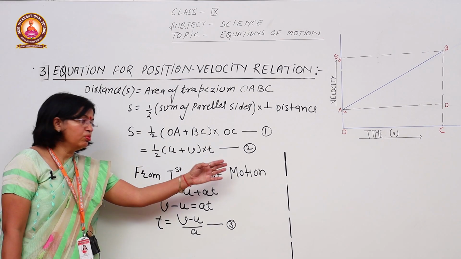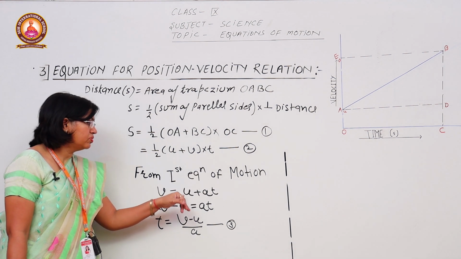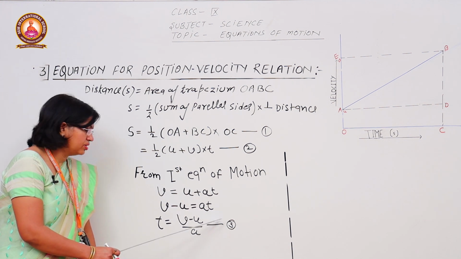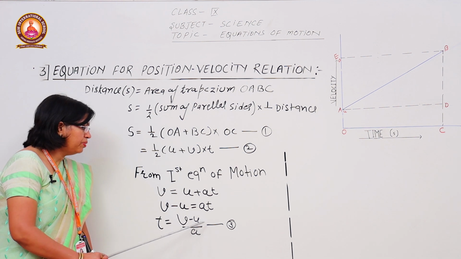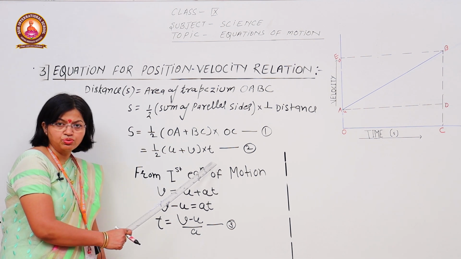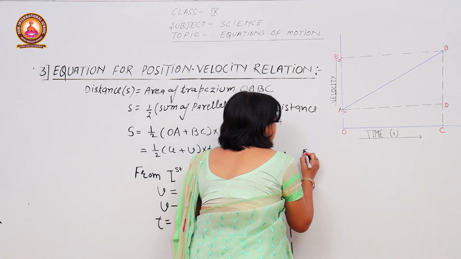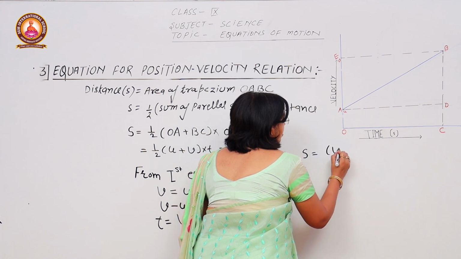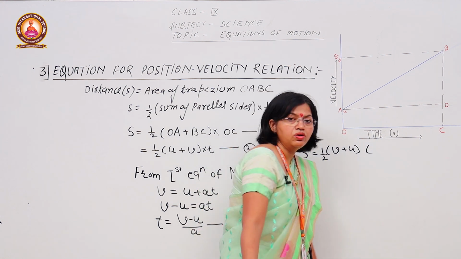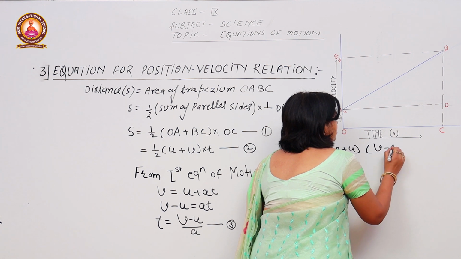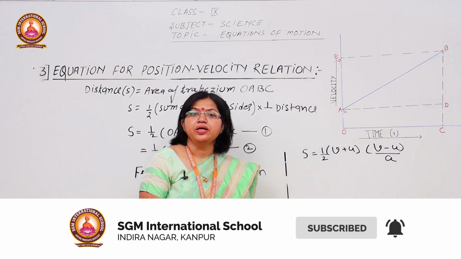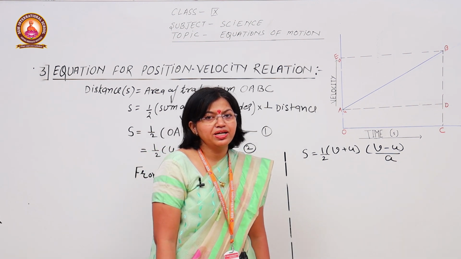From the first equation of motion, we know that V is equal to U plus AT. V minus U is equal to AT, or T is equal to (V minus U) by A. Substituting the value of T in equation 2, we get S is equal to 1 by 2 (V plus U) upon the value of T, which we found as (V minus U) upon A. All of you know (a plus b) into (a minus b) is equal to a square minus b square.